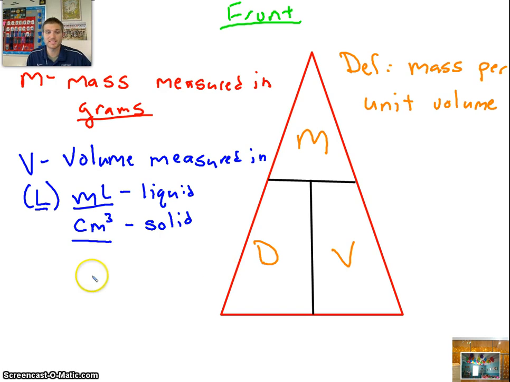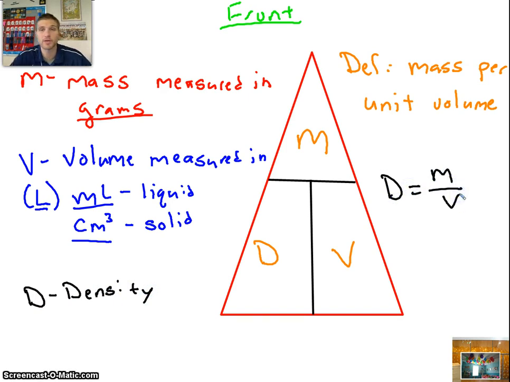Okay, the final one is density. D is density. As we talked about before, density is mass per unit volume, or density equals mass divided by volume, because per in this case just means divided by. Density has two labels since volume has two labels.